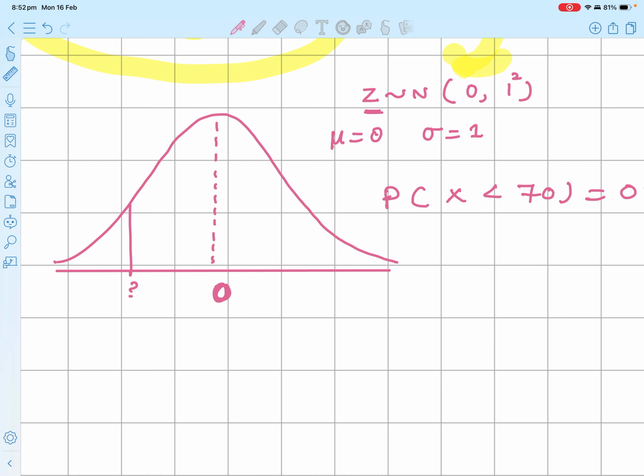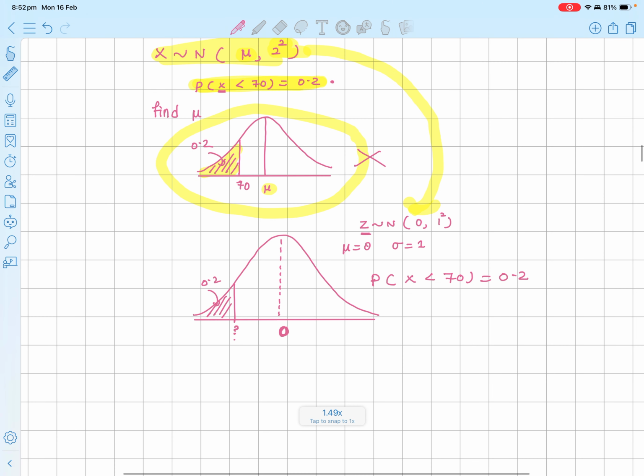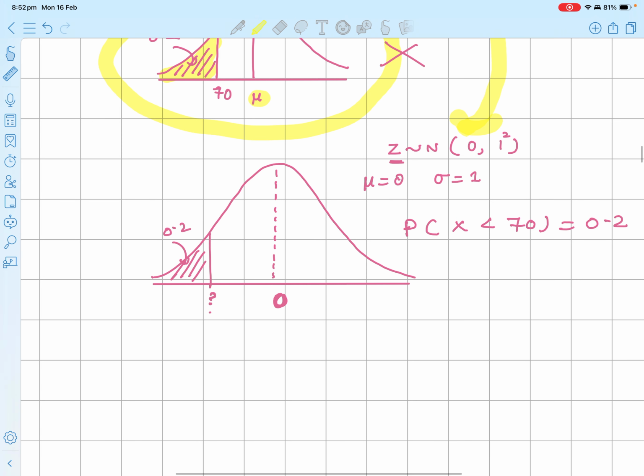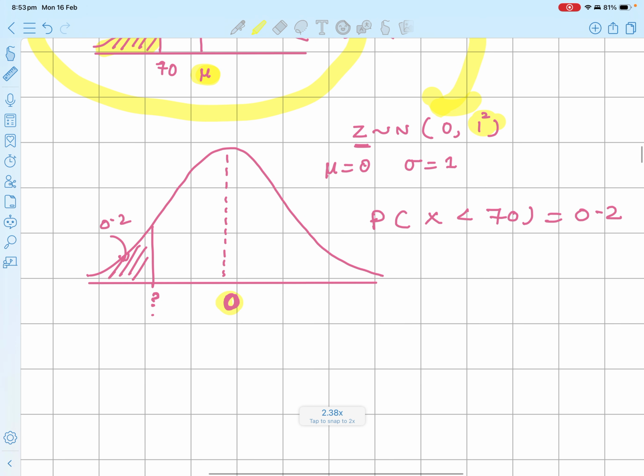So I need to figure out what variable this is now. And I know the area is going to be 0.2. The curve stays the same. Area stays the same. The only thing is I've just coded the information of mu as 0, standard deviation as 1 squared. So I have to find an equivalent value of 70 in Z.